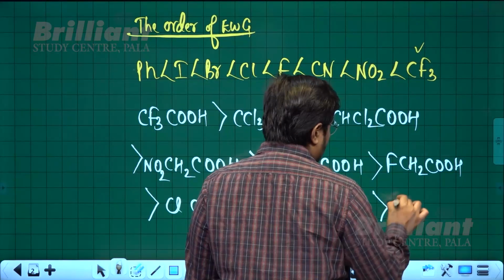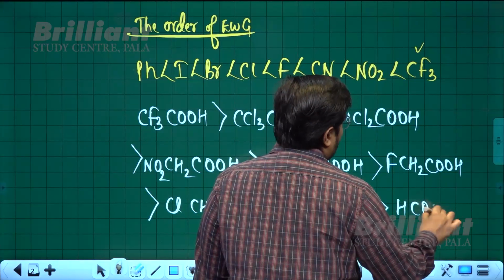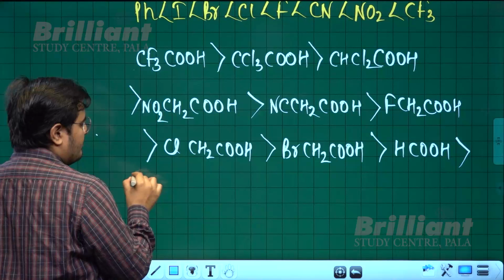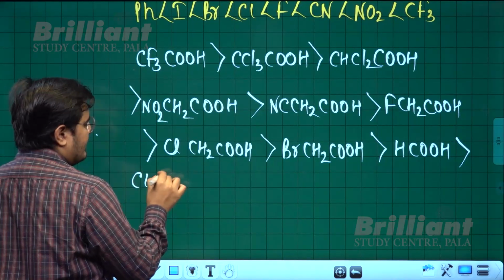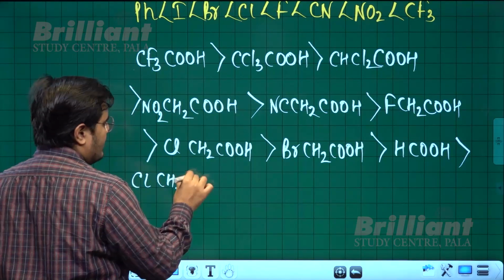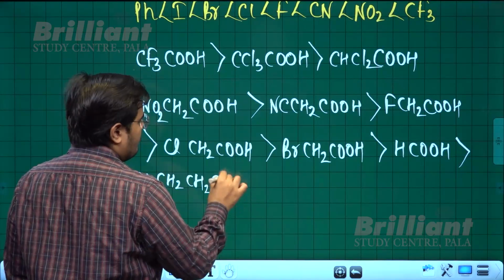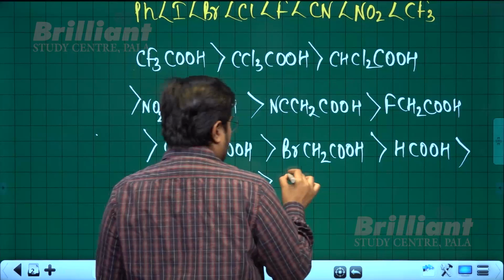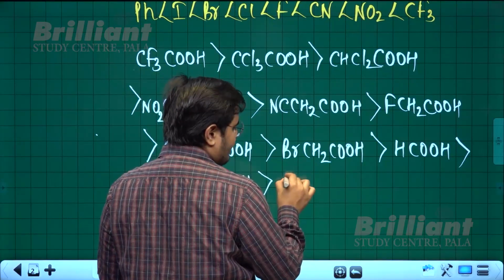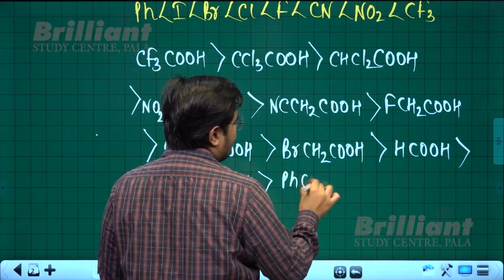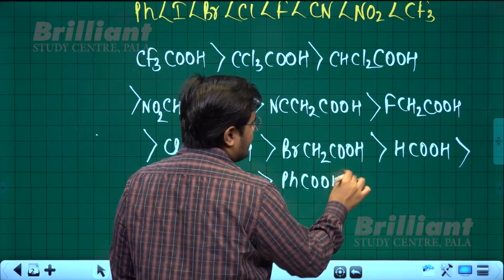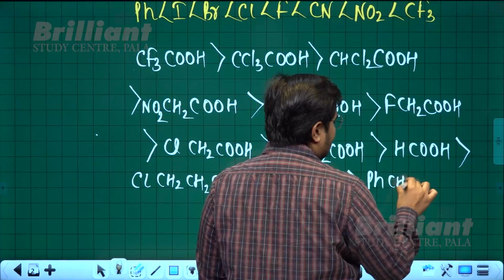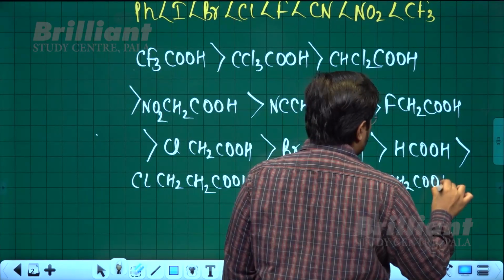After this we are going to have our formic acid. After formic acid we will have ClCH2CH2COOH. This will be more than our benzoic acid, which is C6H5COOH, which is going to be more than C6H5CH2COOH.